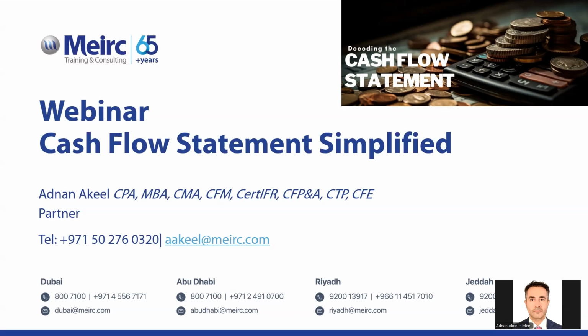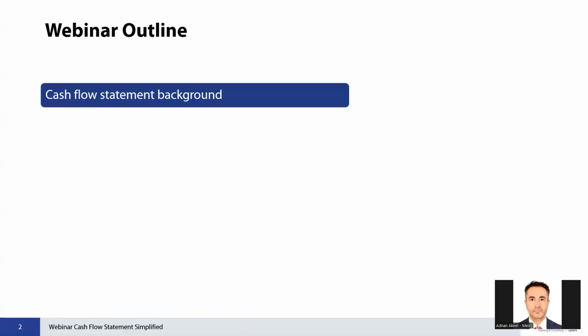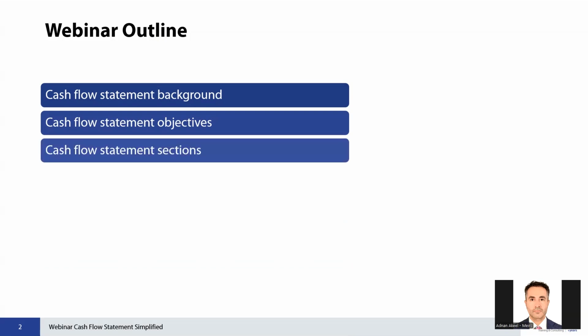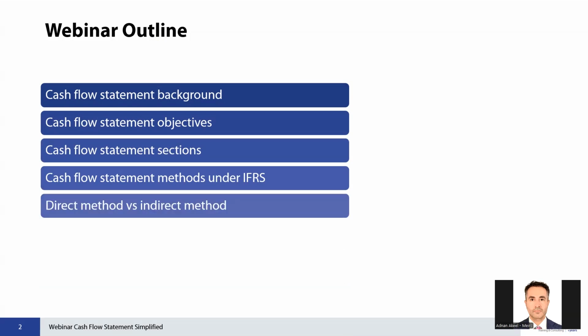It's a pleasure to have you today to discuss this important topic about the cash flow statement. Now, just to walk you through our agenda for the day, we will be giving you an idea about the cash flow statement background, the main objectives, why this statement is there and why it's mandated by IFRS, the different sections related to the statement, and what are the approved or allowed methods to prepare the statement as per the accounting standards, and the direct versus the indirect method, what are the similarities and differences.